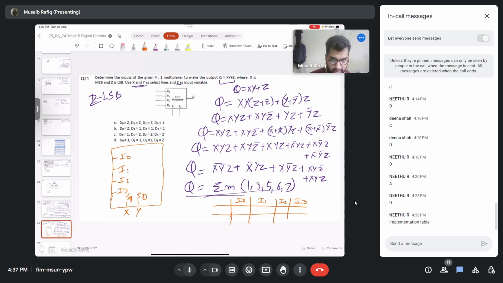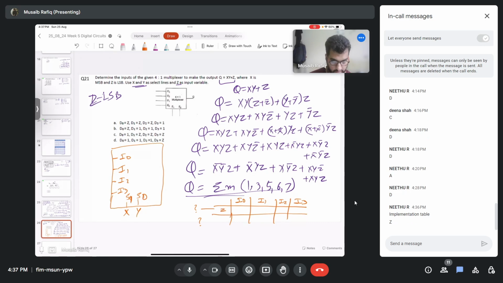What should I write here? Just for revision purposes, what should I write here? Z bar and Z, correct.